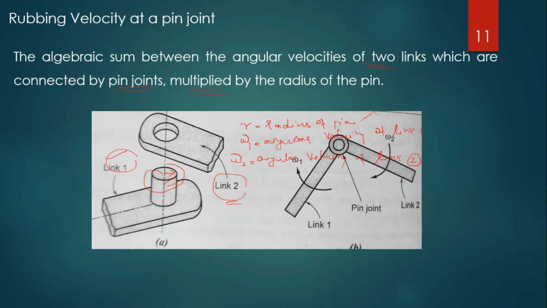As per the definition, the rubbing velocity of the pin joint O is the sum of the angular velocities of the two links, omega 1 plus omega 2, multiplied by the radius of the pin r. If the angular velocities of the two links are in the same direction, then the rubbing velocity is omega 1 minus omega 2 into radius, whereas if both are in the opposite direction, then it is omega 1 plus omega 2 into radius.